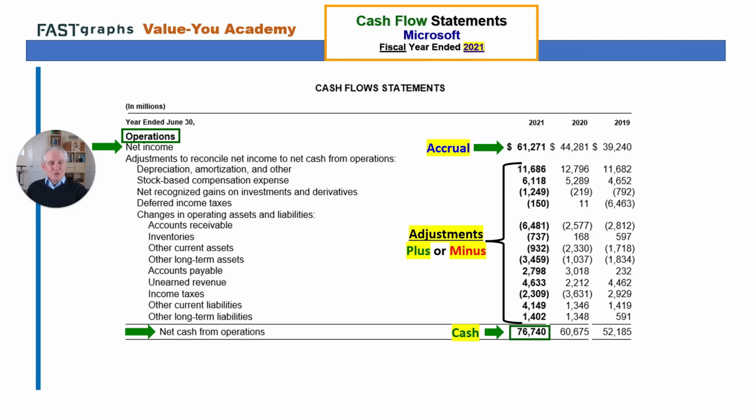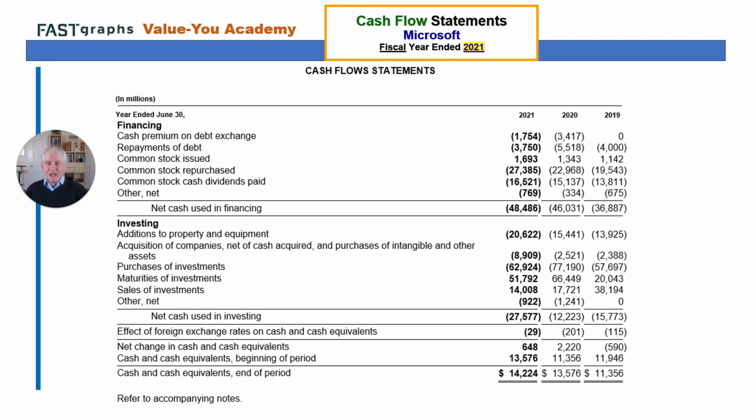Now what did they do with this 76.7? Well, we can see in the next groups on the cash flow, investing and financing. I think they show us financing next, yes. They're showing us under financing, and these line items show what they did. Brackets, they used it.